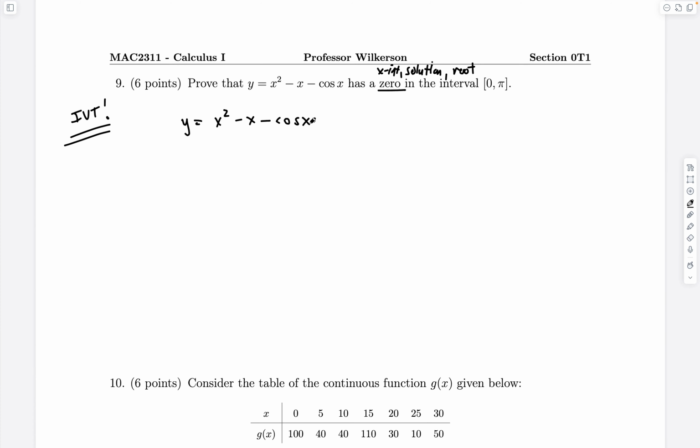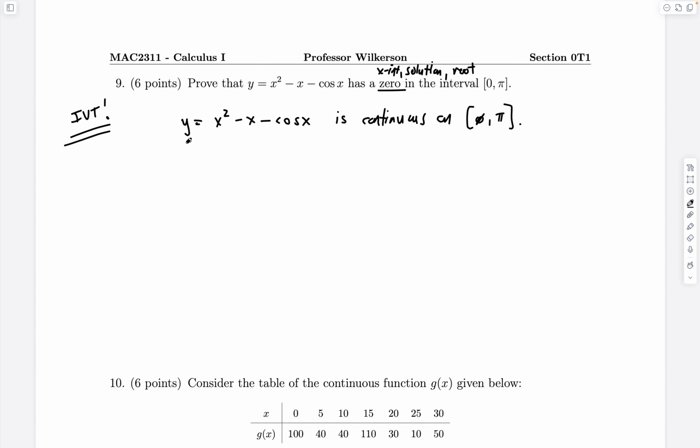So the combination of these two together is going to be continuous. So I could say y equals this is continuous on, I only need to state the interval, so continuous on the interval, although this is continuous for other values as well. It's continuous for any x you plug in here.